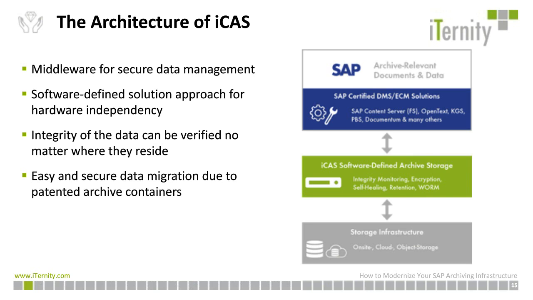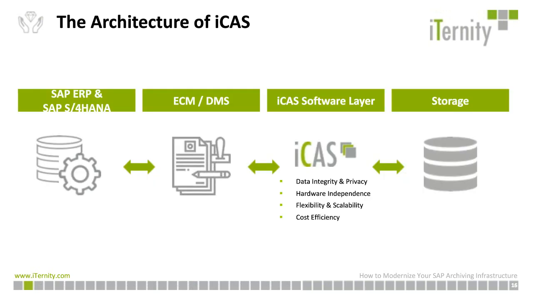So to show you what this looks like, if we think of the ArchiveLink document management process, we have the SAP application writing content like outgoing invoices and customer billing documents out to the ECM platform. The ECM platform then pushes it to ICAS. ICAS puts its wrapper around it, and I'll show this in more detail in the next slide, and then pushes that file out to whatever storage technology you want to use.